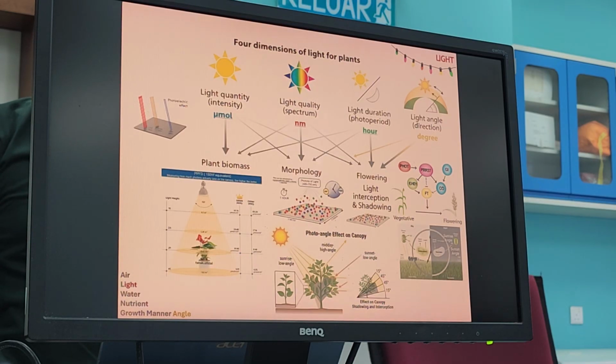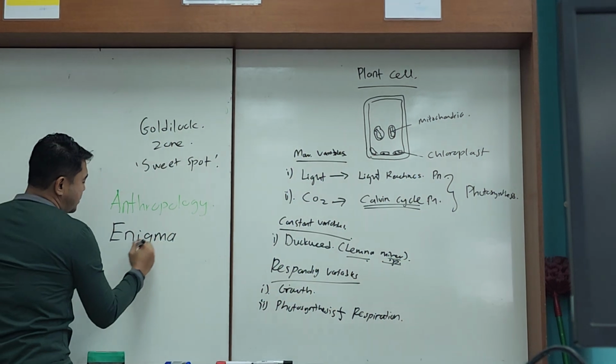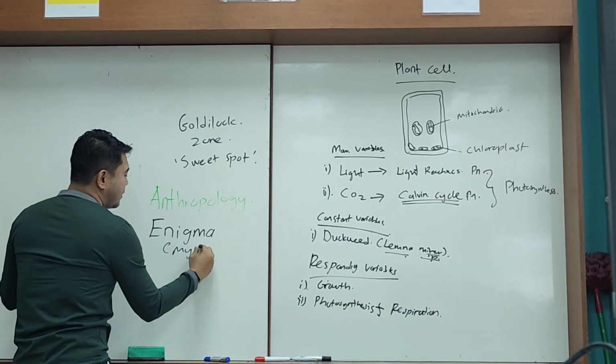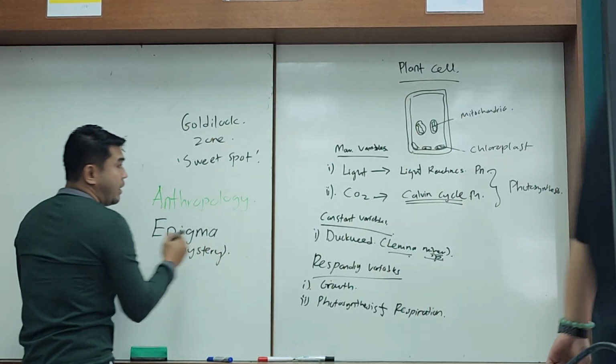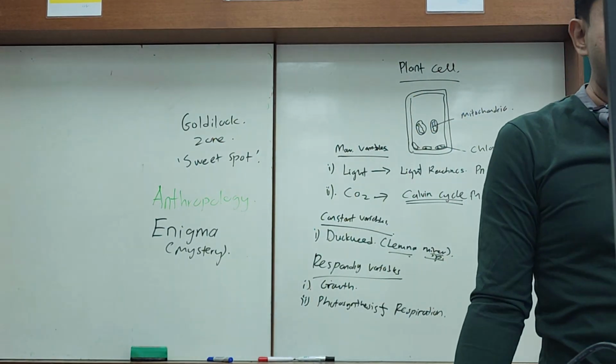Oh, that's a new word for you to learn. You know Enigma? That's actually a machine used in Nazi World War. Enigma. It means mystery. And when I say enigmatic, it means it's a mystery.